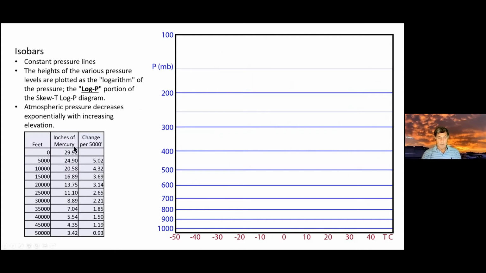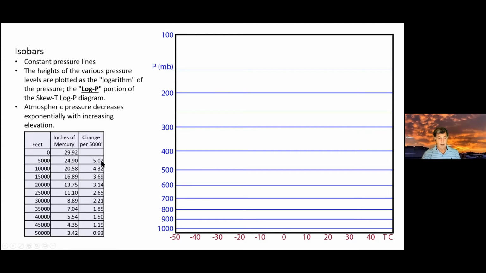The other thing that I'll bring up along those lines is that typically, for those of you that are instructors, for years I've been telling students that we lose 1 inch of mercury per 1,000 feet in terms of pressure change. And effectively, I'm flat out lying to them because that really only works for the first 10,000 feet, right? So you can see here that if I go up to 5,000 feet, I lose 5 inches of mercury.